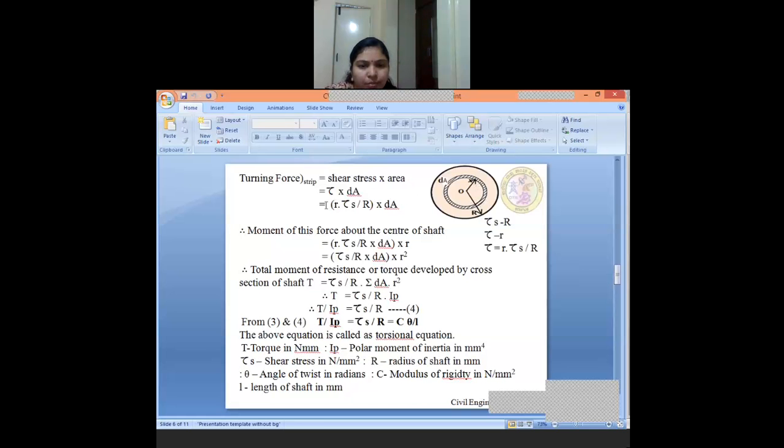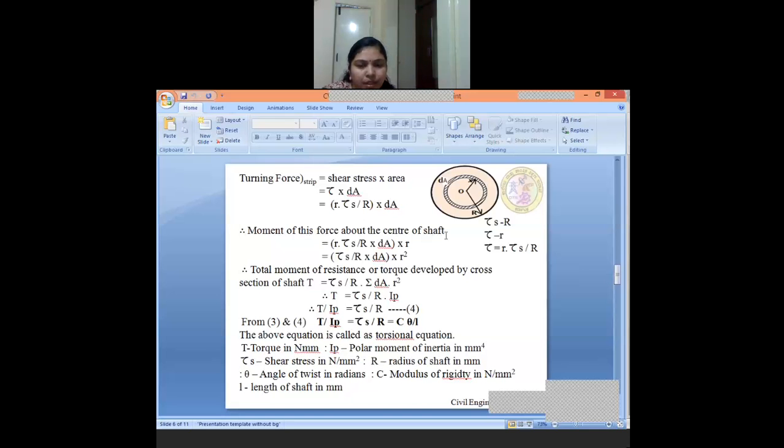I know shear stress for the whole section is tau S, and the radius is R. For a small strip, the shear stress is tau, and the radius is small r. So what will be tau? Tau is equal to r into tau S by R, acting on dA.